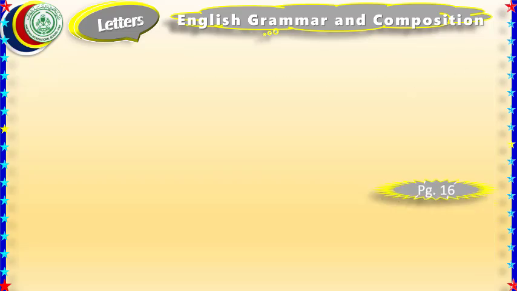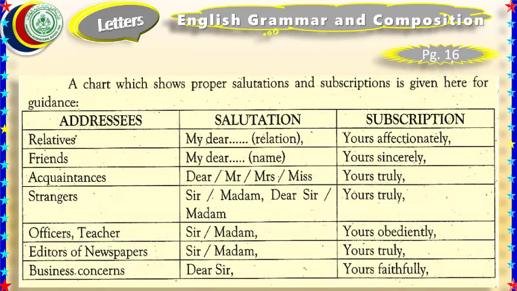Dear students, there is more detail here. Addressees can be the following ones. They can be relatives, friends, acquaintances, strangers. Acquaintances means those who live around us. Types of addresses are mentioned here.